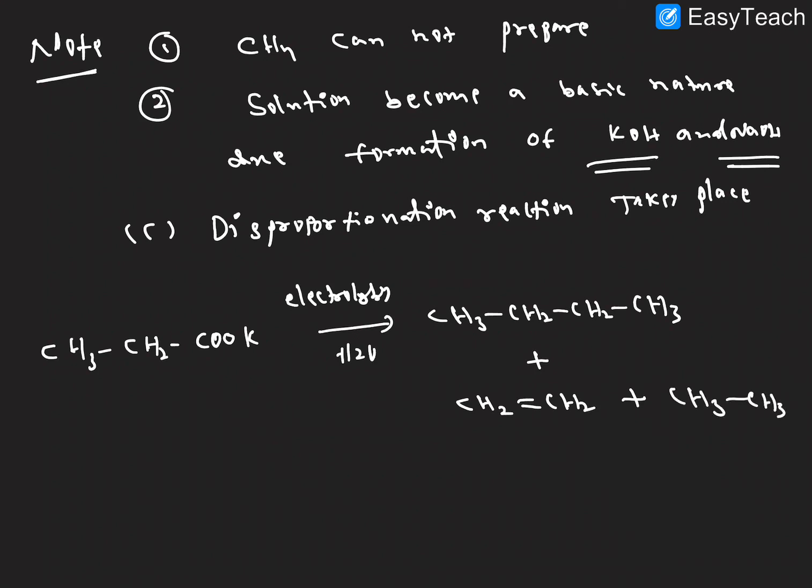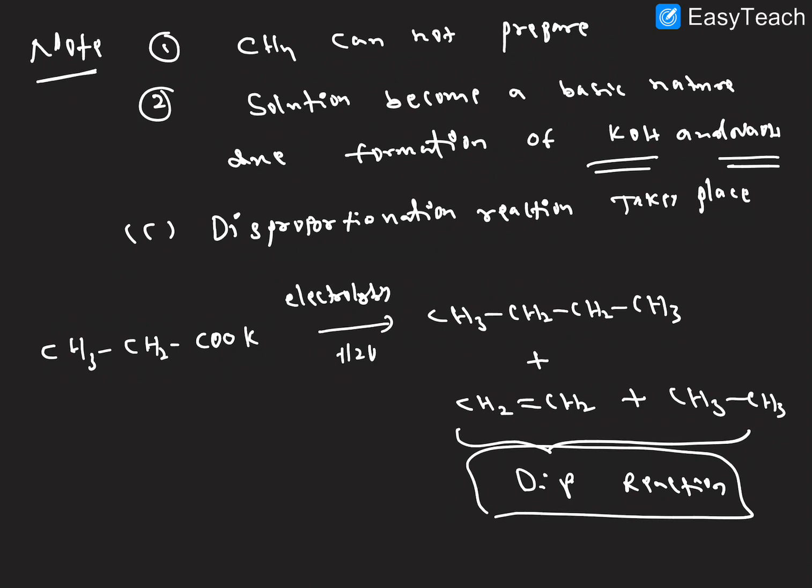Another product possible here is CH3CH3. These are the disproportionation reactions. Disproportionation reaction, DP, nothing but disproportionation reactions happen here, right?